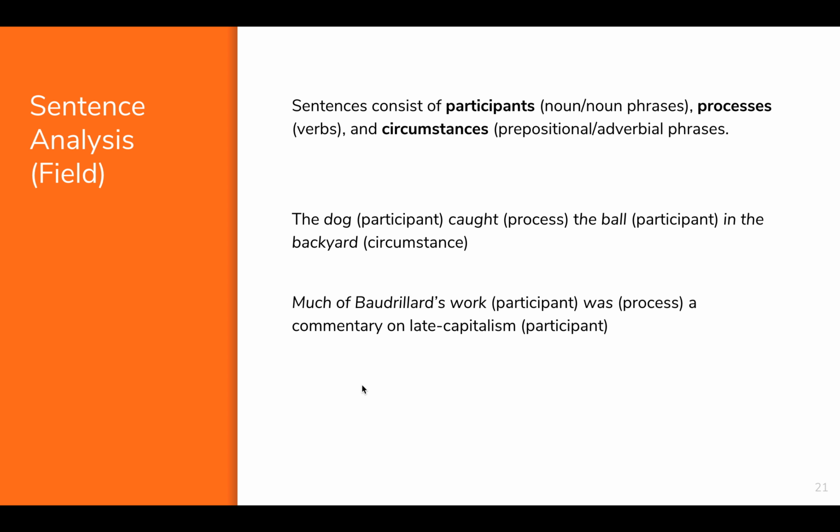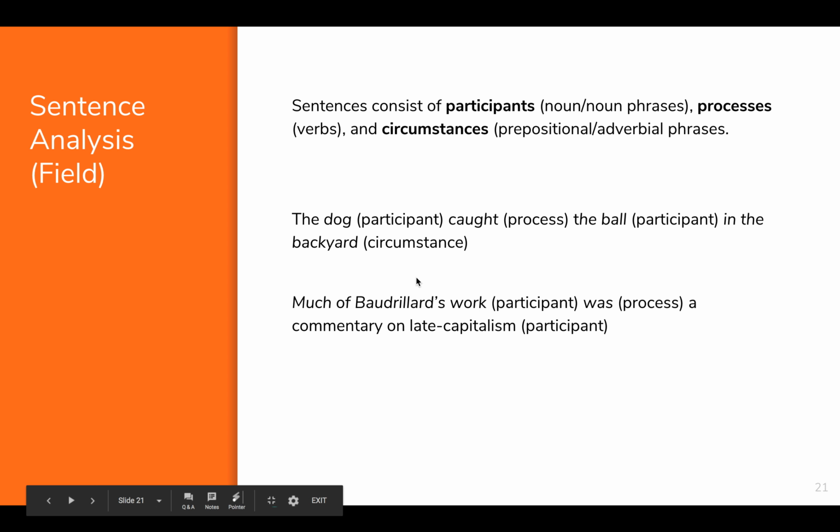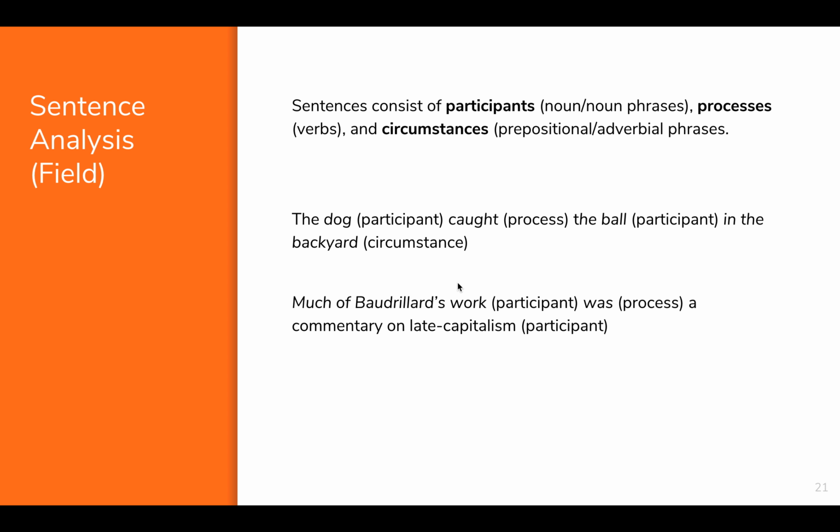You can also look at more academic writing. Academic writing still uses participants, processes, and circumstances, but they might not be living participants. For instance, the sentence, much of Baudrillard's work was a commentary on late capitalism. Much of Baudrillard's work is the major participant here. This is the thing kind of doing the action, if there was an action here.